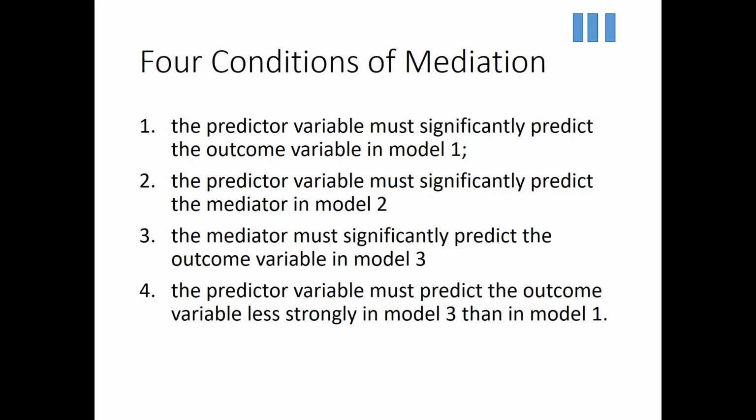So essentially, what we're trying to say here is that we need to see a difference, right, between this straight variable of prediction and outcome versus predictor, mediator, outcome, right? When we see that, that's when we understand that there is some sort of mediating factor.